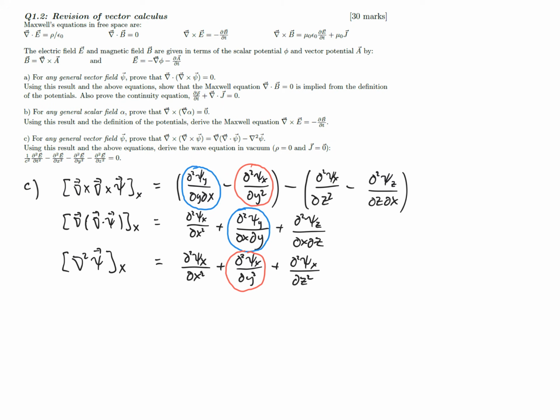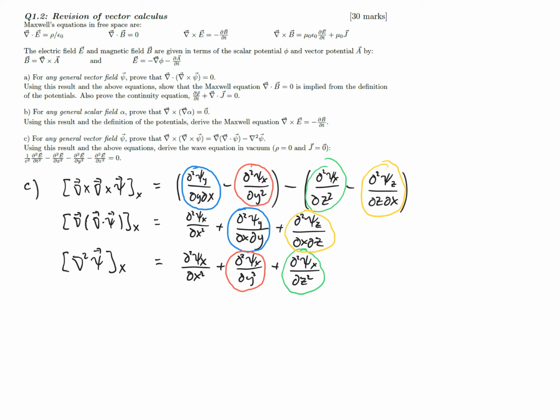Okay, what about the final two terms? We have d squared psi x by dz squared. That term is exactly this term. Again, noting the minus sign. And then we have d squared psi z dz dx, and that's this term. So we have minus minus, which is plus. That all works out.